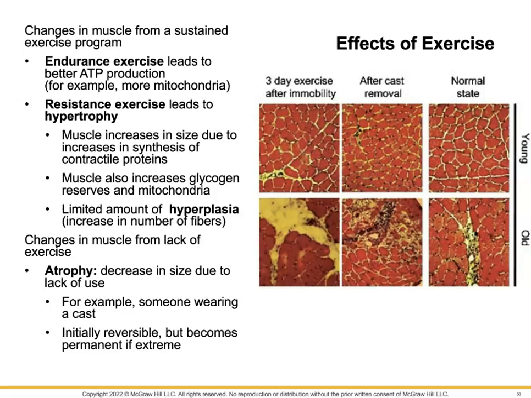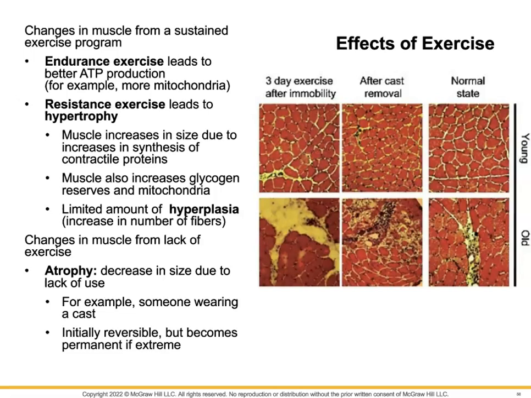Now, atrophy can result from the lack of exercise. So atrophy is when muscle size decreases due to lack of use. This is seen frequently in anyone that has broken a bone. So let's say you break a bone in your leg and your leg is in a cast. Well, when that leg comes out of the cast, you'll notice that the muscles are significantly smaller than before the cast.